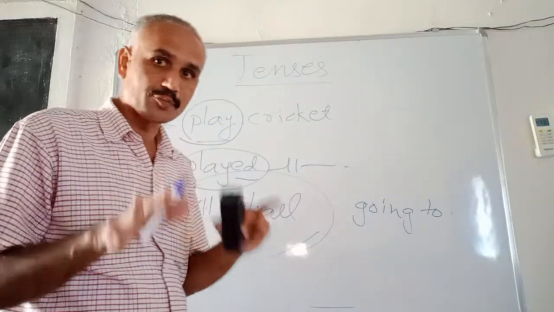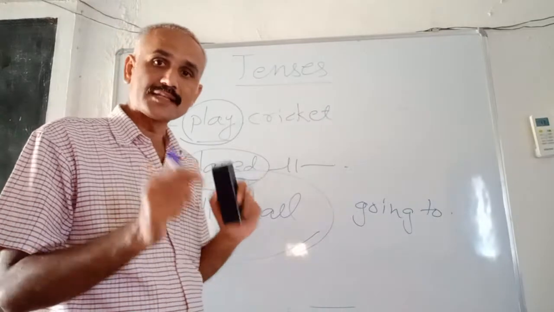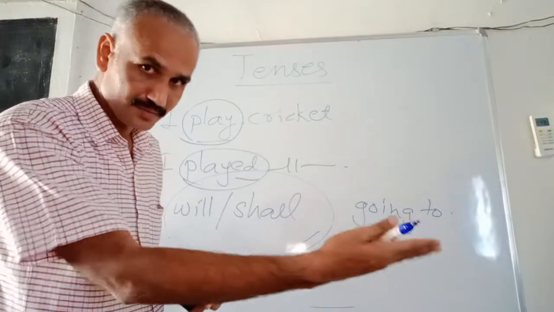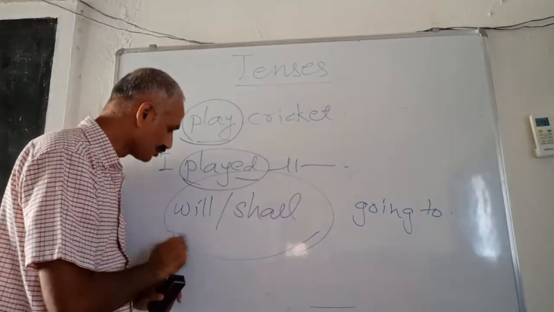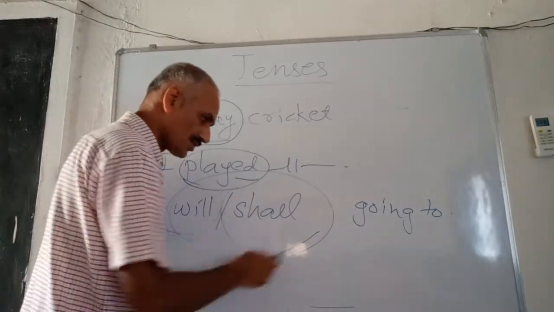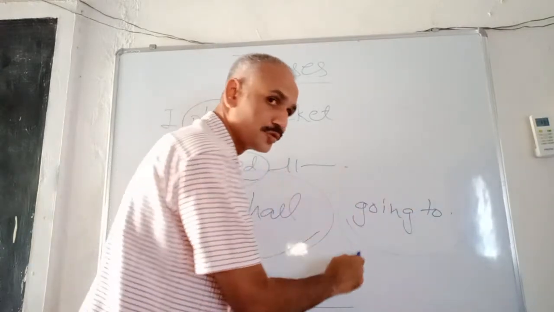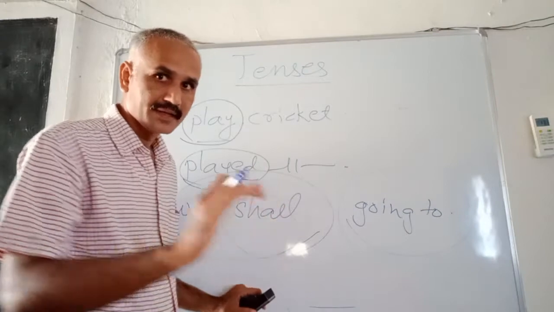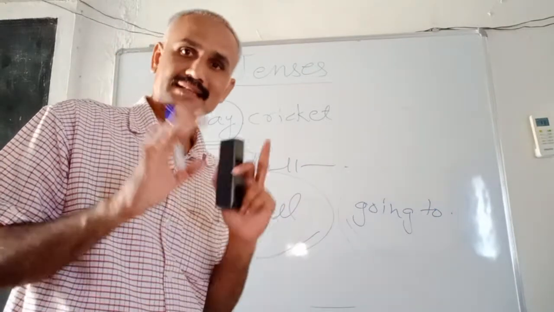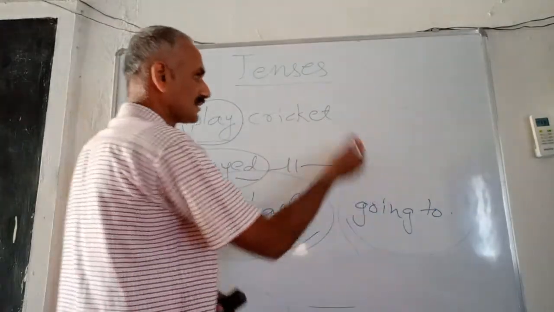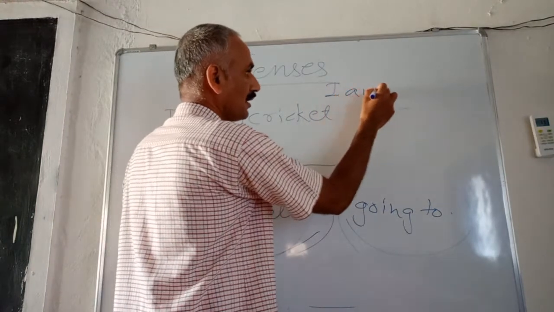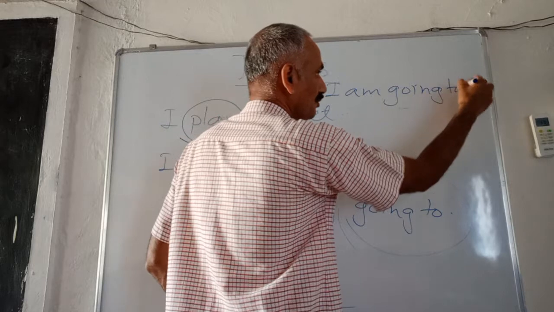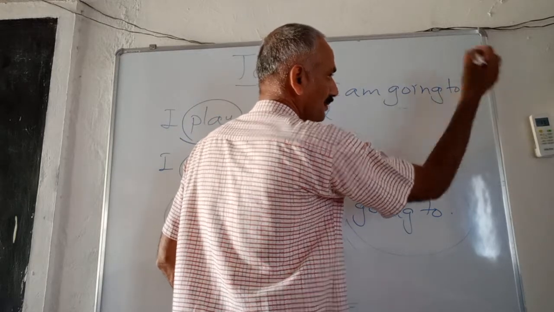So we can point out that to locate the future tense or the future time, I would say for better understanding, you can use will or shall or this going to. However, if you look in a theoretical manner, now look at the sentence: I am going to play.